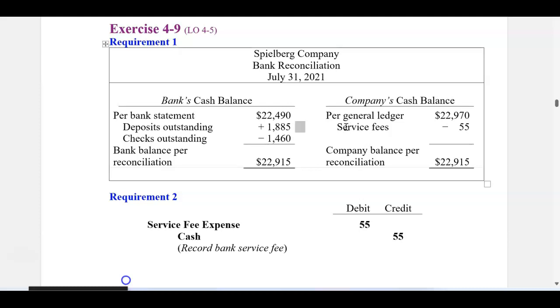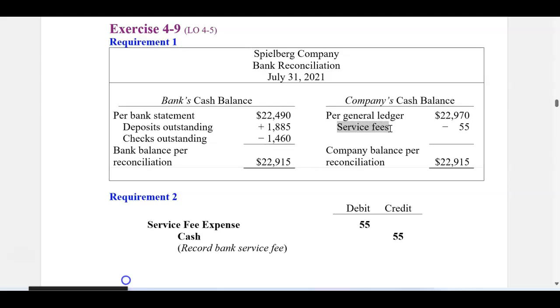In regards to what you add in cash balance, if there is any automatic deposit, you will add it. If a customer does an automatic deposit into your account, that's something you didn't know until you get the bank statement. That's an add.